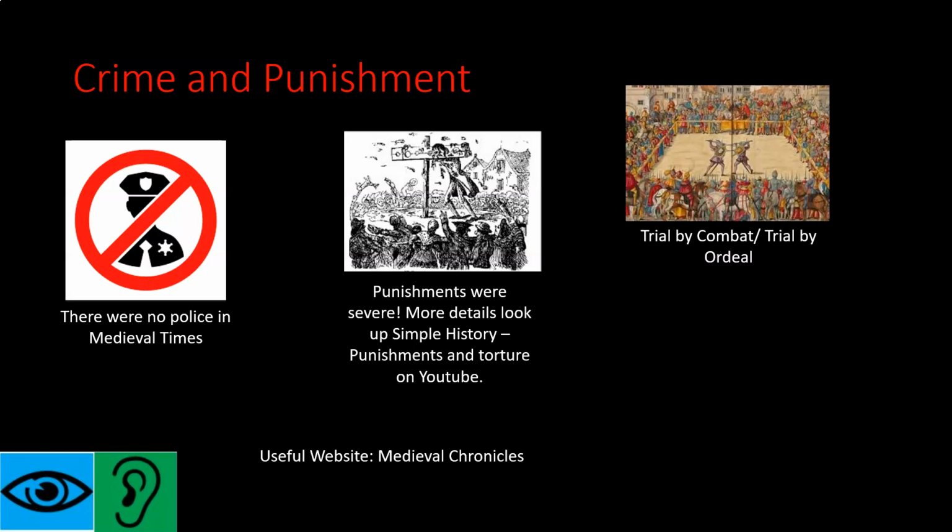In medieval times, they very much were punished very, very severely. So it is important to be aware of what the crimes were and that they were punished very severely. Like I said, if you want more information about these punishments and crimes, there are two resources there: the Medieval Chronicles website and the Simple History videos.